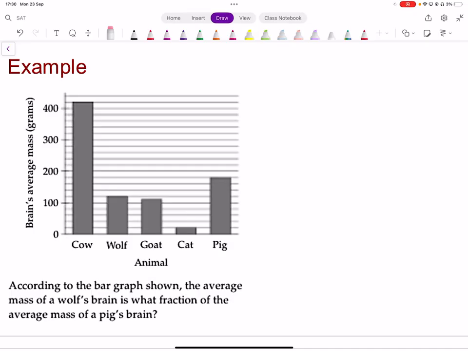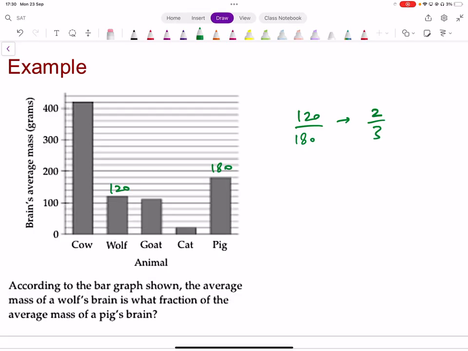Wolf's brain. What's the average mass? 120. And for pig, it is 180. Wolf's brain is what fraction of the mass of pig's brain? How do you write that? 120 over 180. That is 2 over 3. That's what you write down.